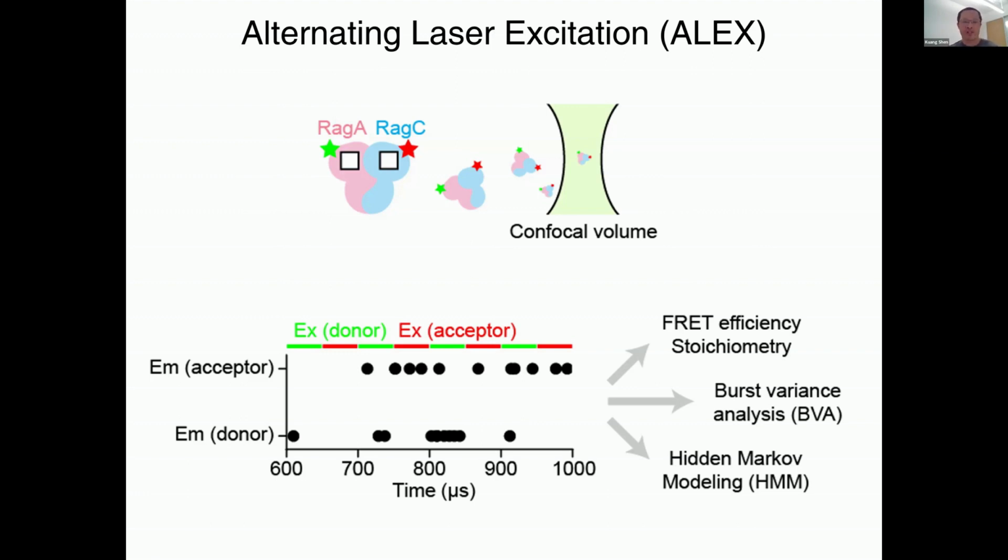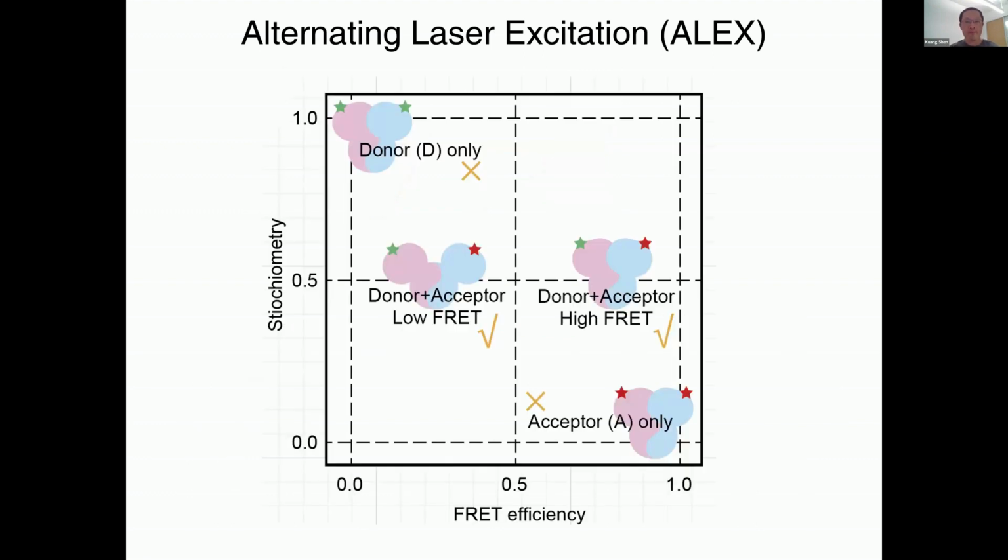And then with this photon stream, we can analyze the FRET efficiency, we can calculate stoichiometry between the dyes, we can do the burst variance analysis, and then we can use hidden Markov modeling to extract the hidden FRET states within these photon streams. What we will see here is a typical readout.